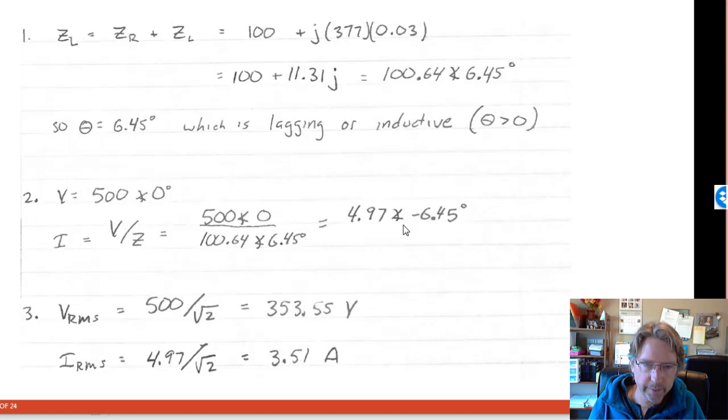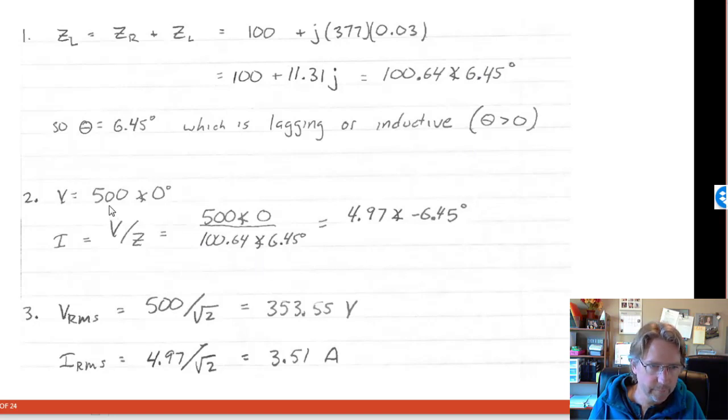And our theta, we always have negative theta in the I. So we have a positive number in Z, we get a negative in I, because we always assume that V has 0 degrees and we're dividing here. So remember that, negative theta, positive theta.